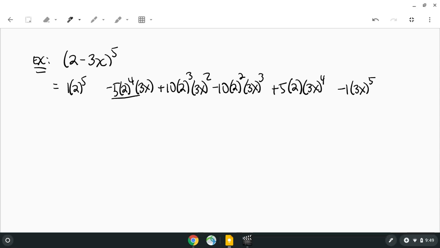Like here, you would need to make sure 2 to the 4th is 16, 16 times 5, and then 5 times 3. So you would have to multiply all of these out.